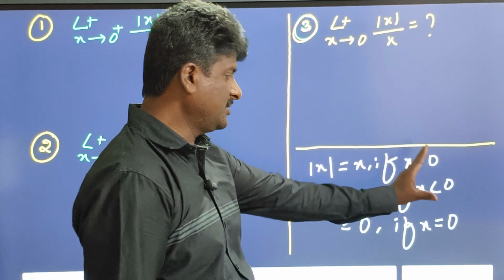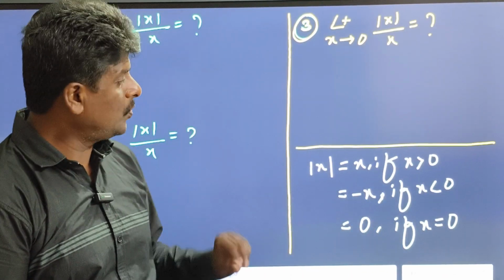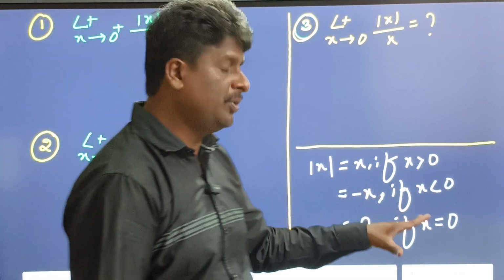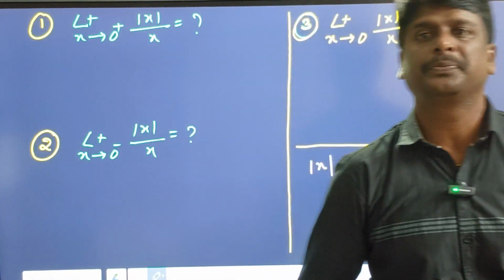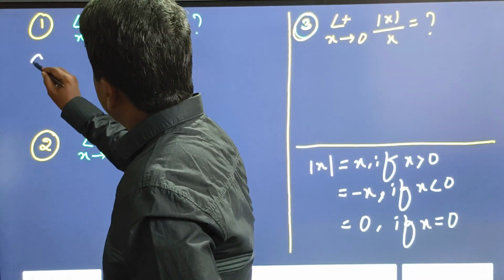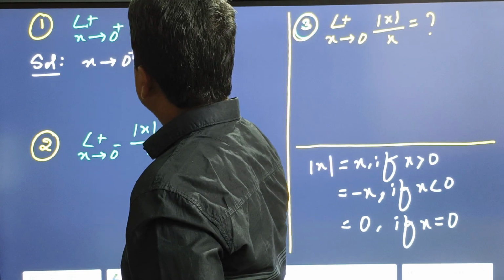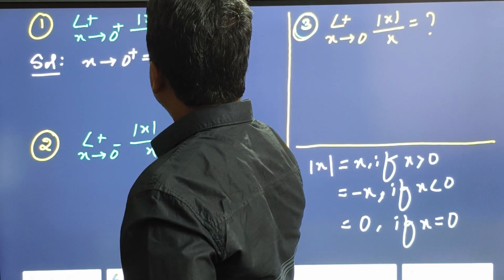Modulus x is equal to x when x is greater than 0, minus x when x is less than 0, and 0 when x is equal to 0. Do observe that x tends to 0 plus stands for x greater than 0.